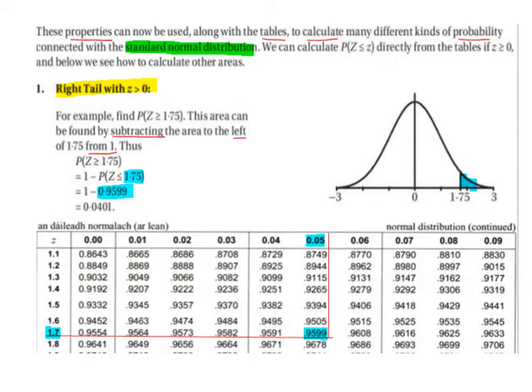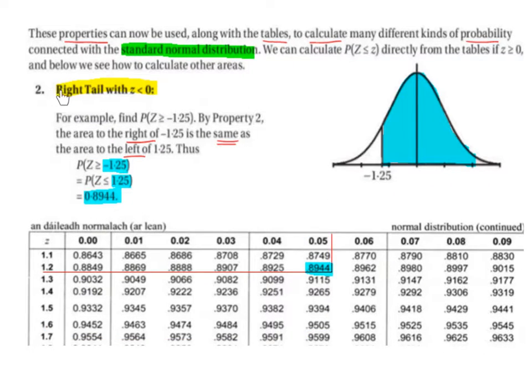So we go to 1.7, and we go across to 0.05, and we go down, and we get 0.9599. So that's 1.75. And then 1 minus 0.9599 is 0.0401. So the probability that z is greater or equal to 1.75 is 0.0401.